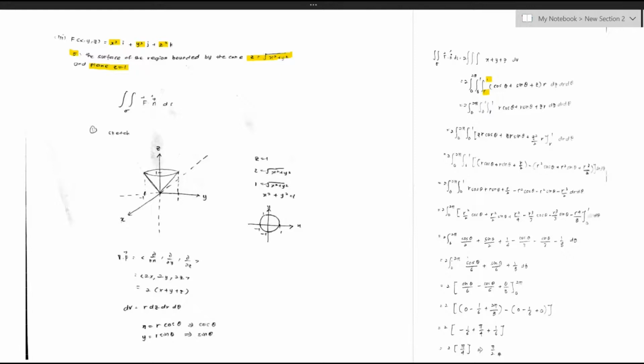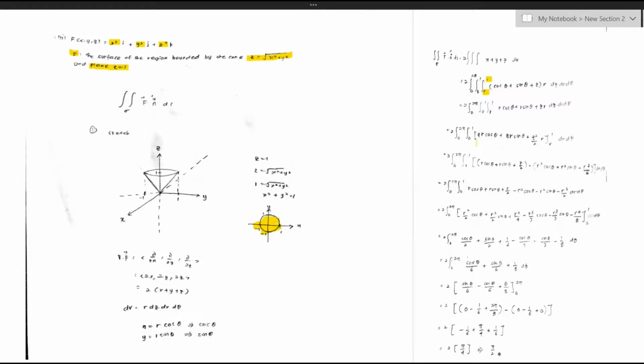So z goes from r to 1. For the limit of r, the radius, it is 0 to 1, and theta from the circle is 0 to 2 pi.